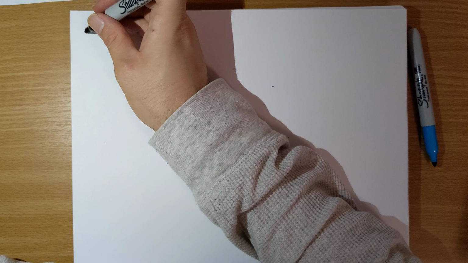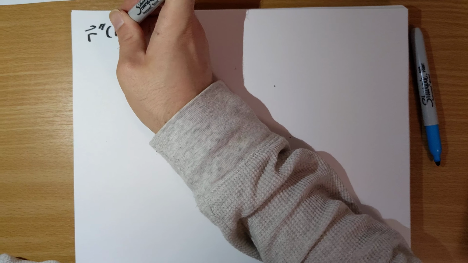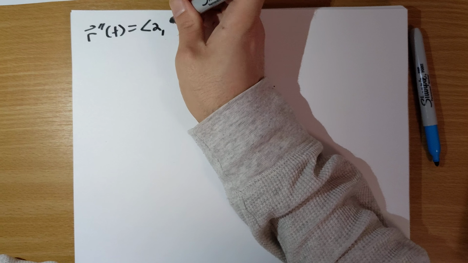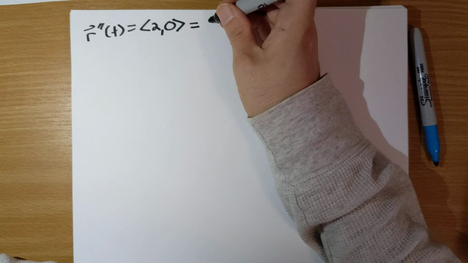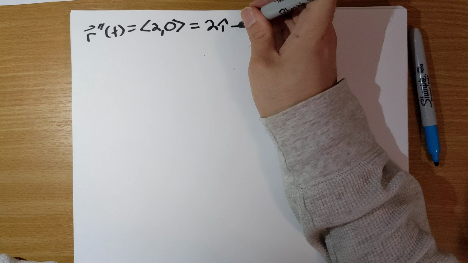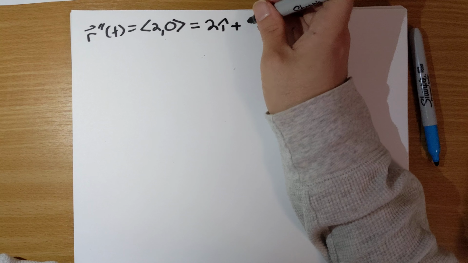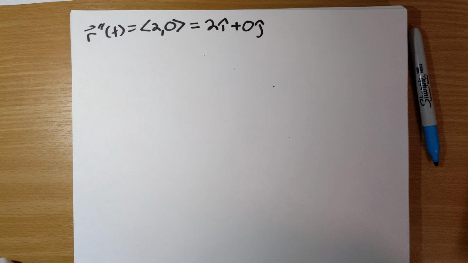Well, r double prime of t is ⟨2, 0⟩. Let me write this in the i hat, j hat notation: 2i plus 0j hat.